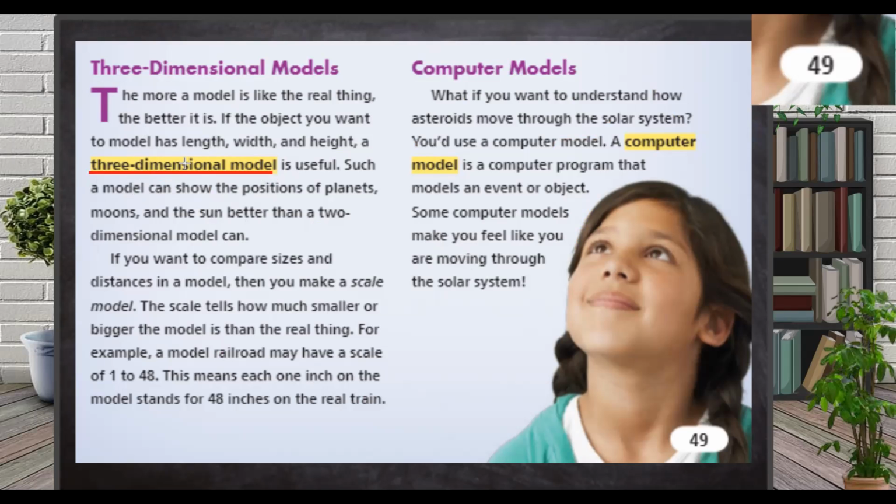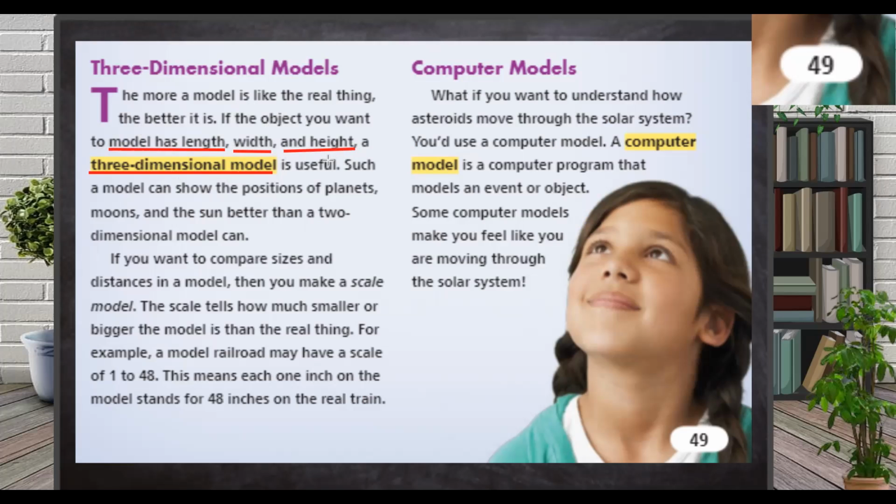But Rayana, can you tell me what is the definition of the three-dimensional model? Can you say it again? The model has length, width, and what? And height. This is a three-dimensional model.